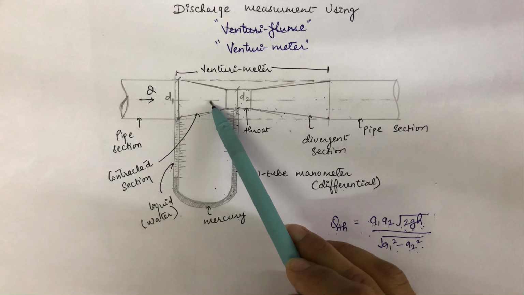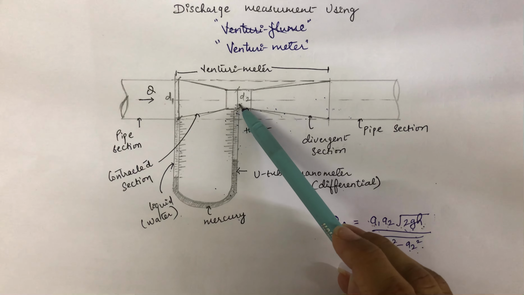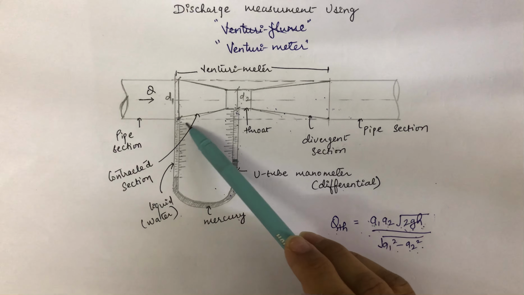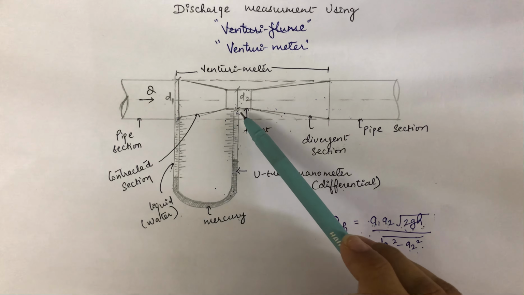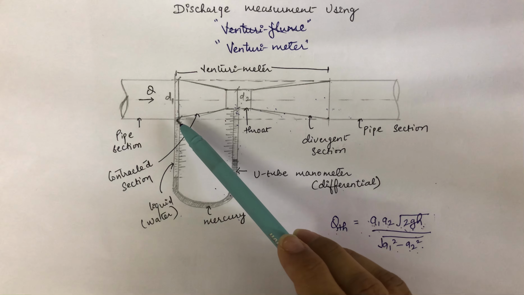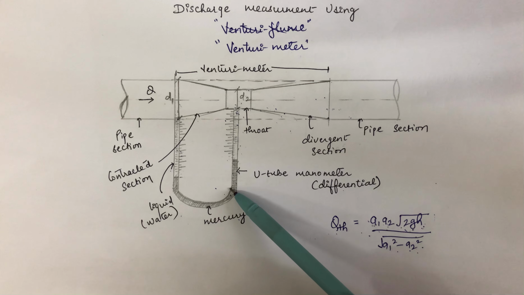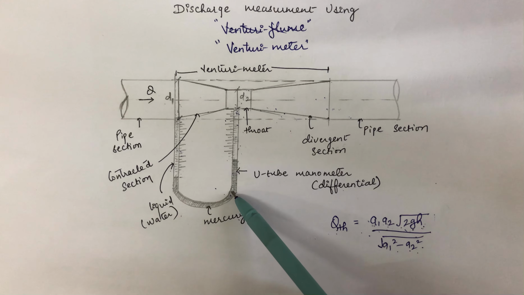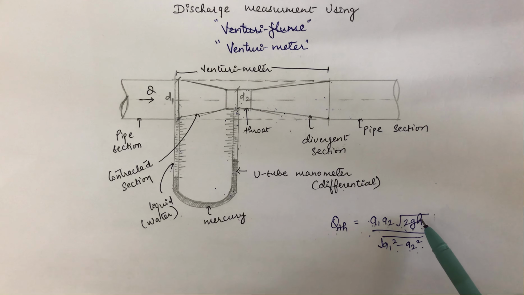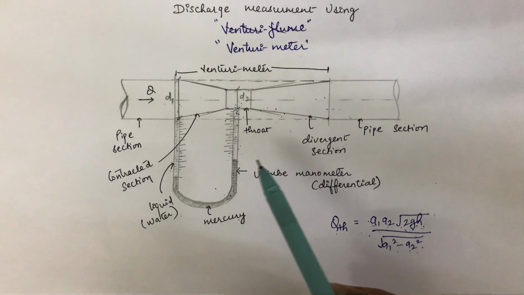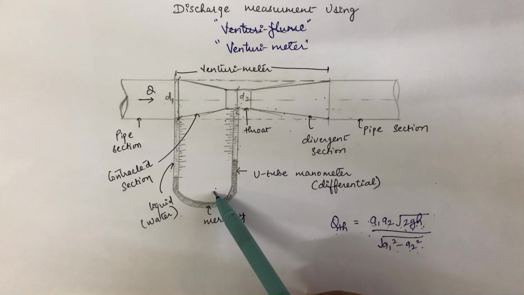As the fluid moves towards the throat, the cross sectional area decreases, resulting in increasing velocity and decreasing pressure. That pressure difference between sections 1 and 2, or between the cross sectional areas A1 and A2, can be computed using this U-tube differential manometer, in terms of the value of head H. That will be the value of H that you obtain through the manometer.